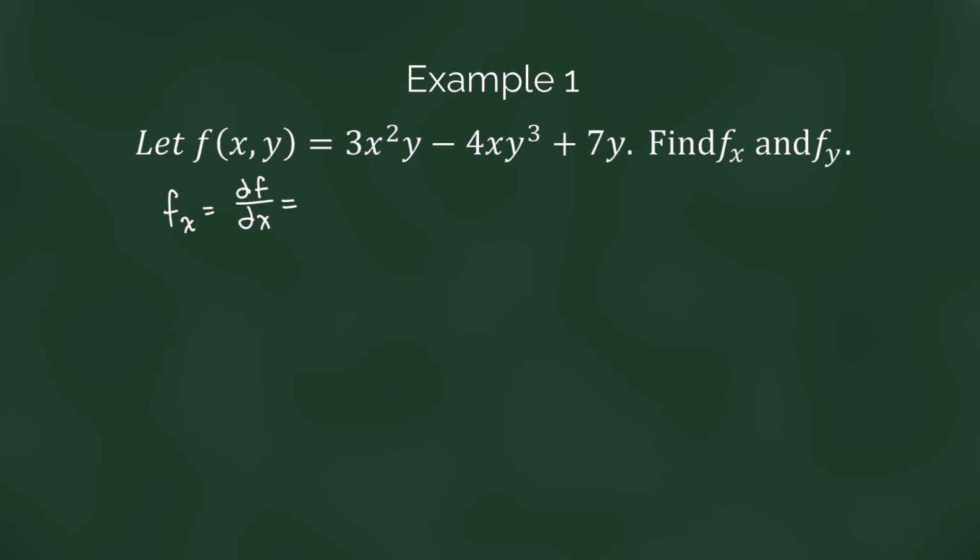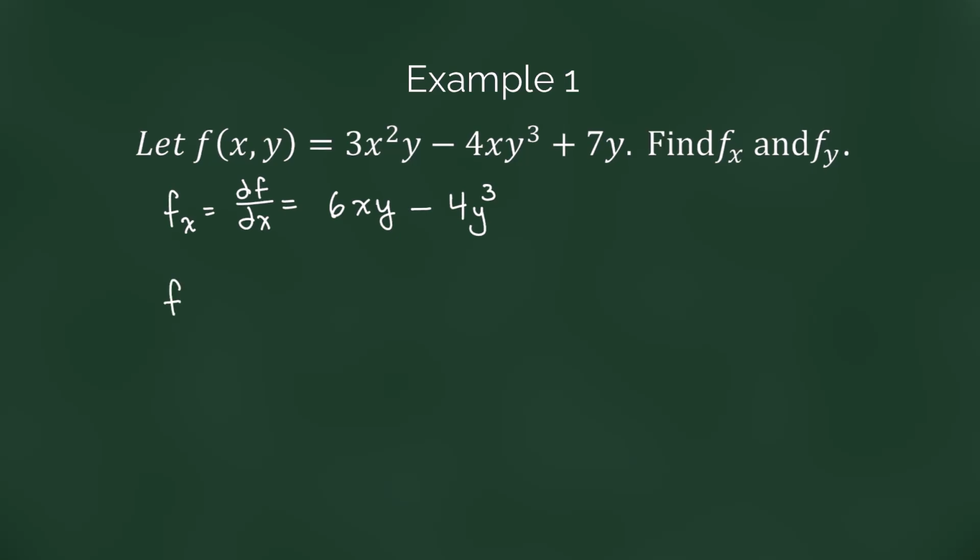So when we take the derivative of 3x squared y, we're going to take the derivative of x squared with respect to x, which gives us 2x, so we're going to get 6xy. Similarly, when we take the derivative of 4xy cubed, the y cubed gets treated the same way the 4 does, as a constant, and we get minus 4y cubed. And then when we take the derivative of 7y with respect to x, because it has no x's in it and we're treating it like a constant, its derivative is 0.